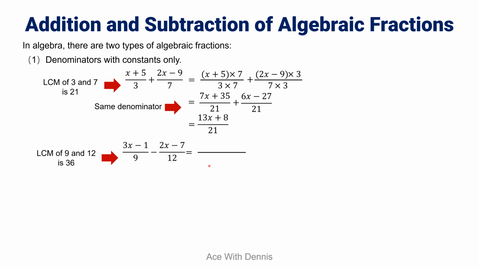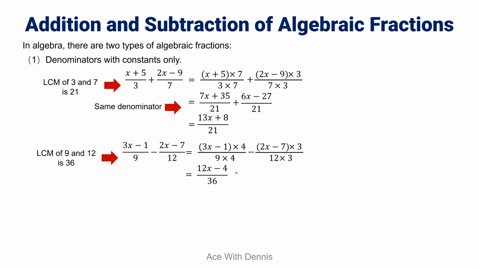For the first fraction, 9 multiplied by 4 gives 36, so we multiply by 4 for the numerator as well. Then for the second fraction, after the minus, 12 times 3 gives 36. Hence the numerator also needs to be multiplied by 3.